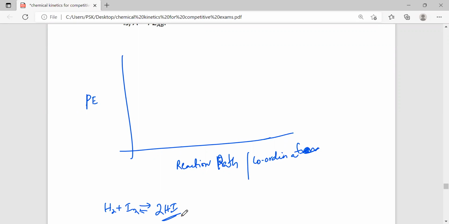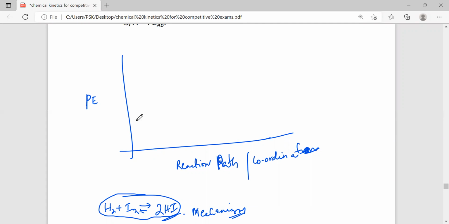We learned chemical kinetics as a branch in physical chemistry which deals with the rates of the reaction as well as the mechanism of the reaction. So this reaction is not giving you the mechanism. It's only a representation. The reactants react to give you the product. This mechanism can be learned from the collision theory.